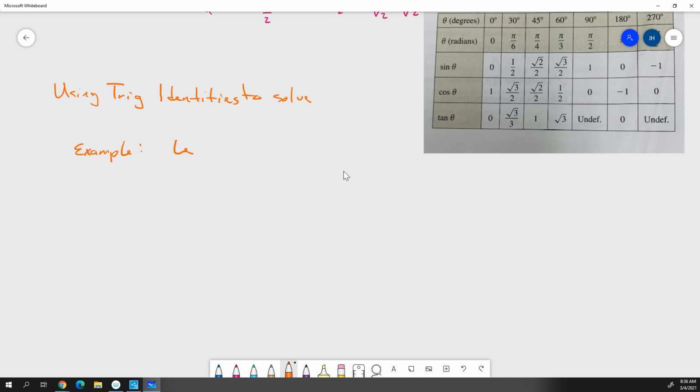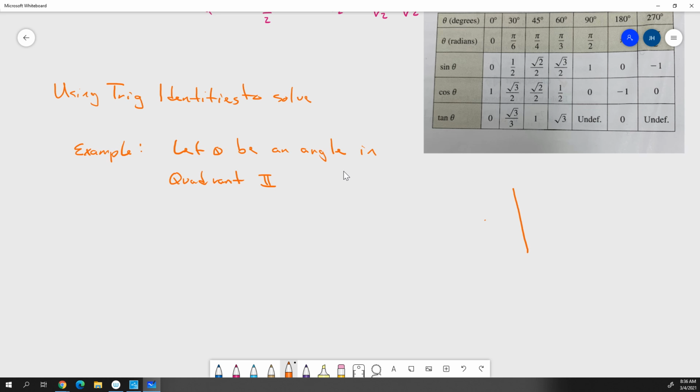We're going to let theta be an angle in quadrant 2. Think about that.